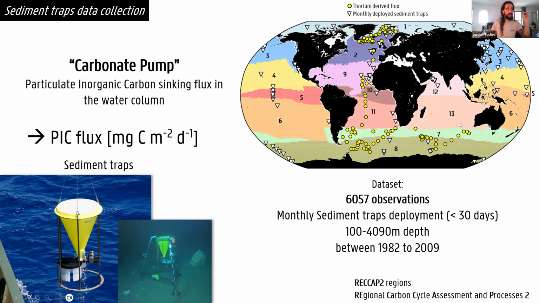Also important to note, the different colors in this map correspond to different biogeochemical regions, defined by RECCAP2, the Regional Carbon Cycle Assessment and Processes. In my work, I'm trying to compare the different regions with each other to see if there are common patterns and if a region could be specifically linked with specific biogeochemical patterns.